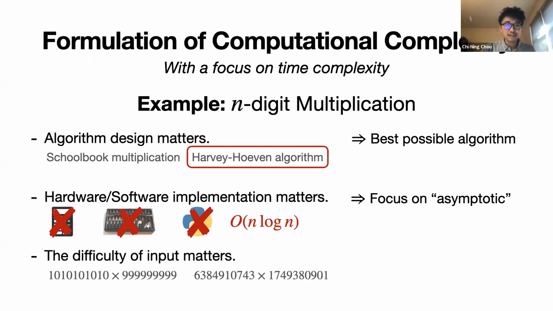And finally, you might also ask, okay, so now we want to determine the complexity of multiplication, but for some inputs, like this input on the left, it could be super simple. Probably some people can already tell me the result by looking at it. But for some inputs, like the one on the right, well, this also seems so scary.